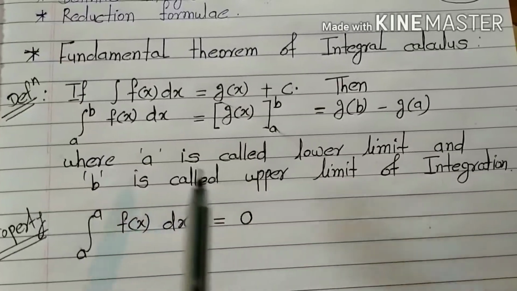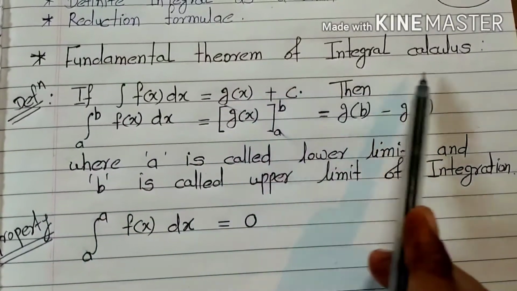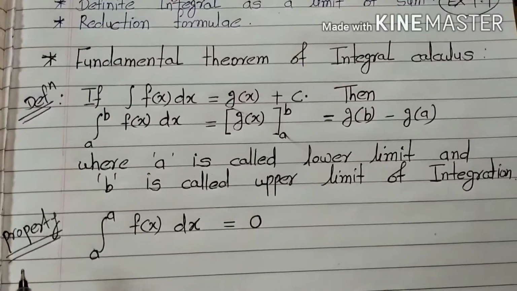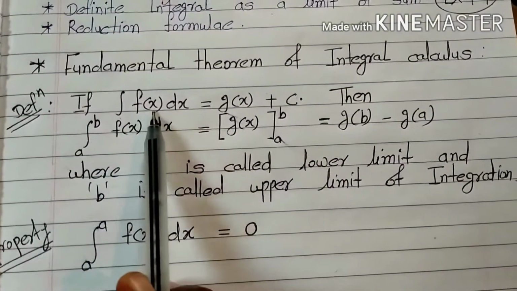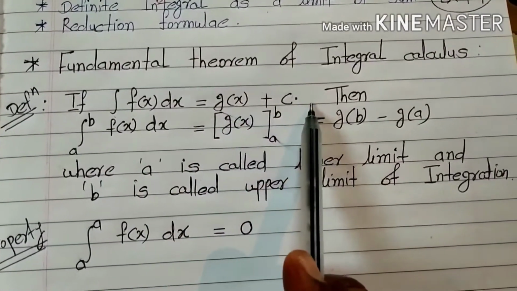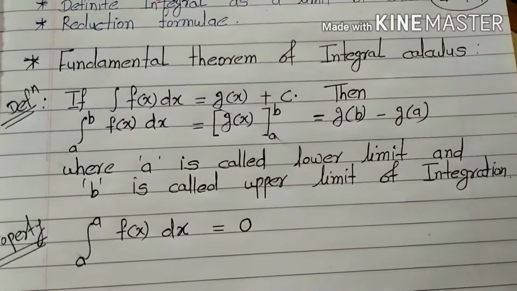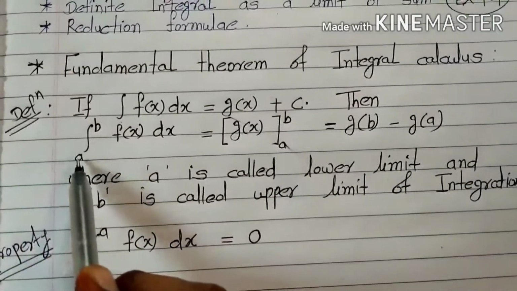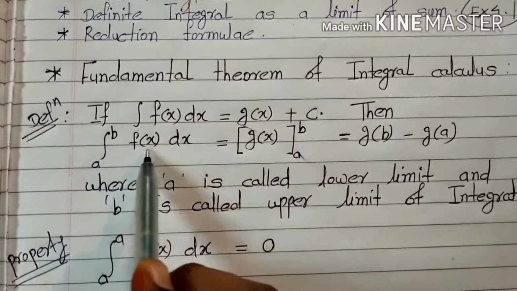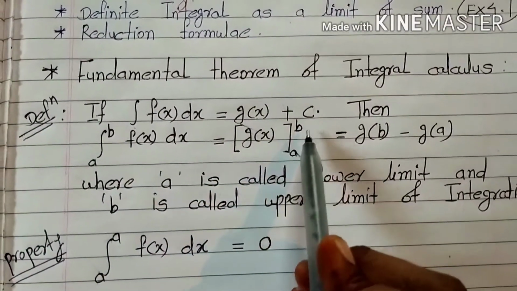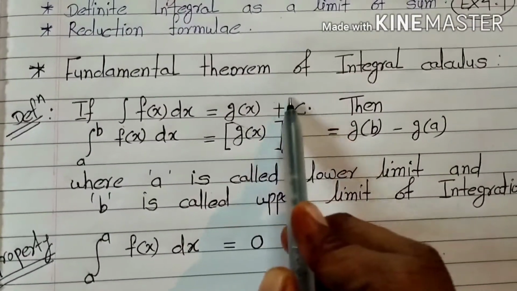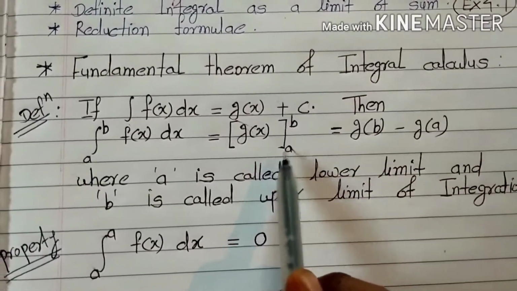So our first topic, fundamental theorem of integral calculus. Now there is one definition. If integration f of x dx is equal to g of x plus c, then integration a to b f of x dx is equal to g of x with limits a to b, and this constant of integration will cancel in definite integration.